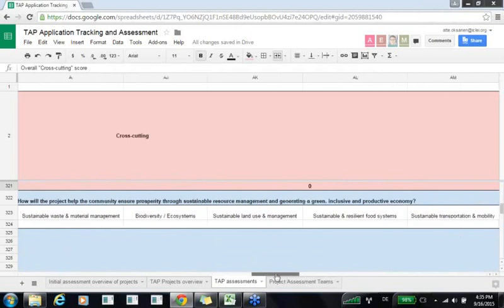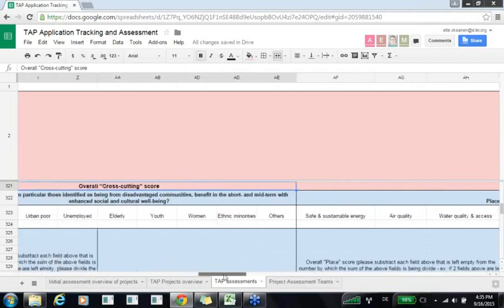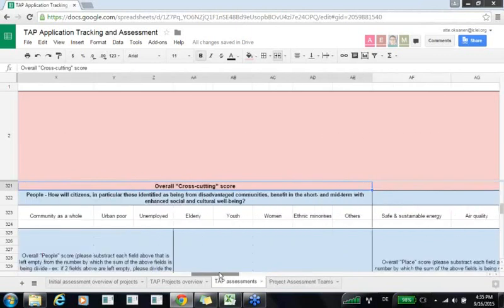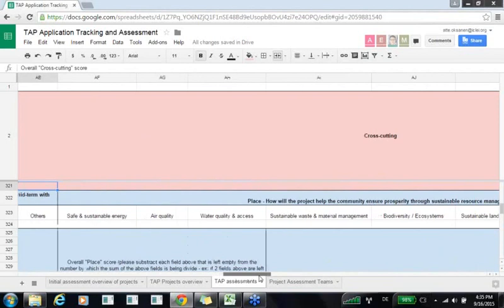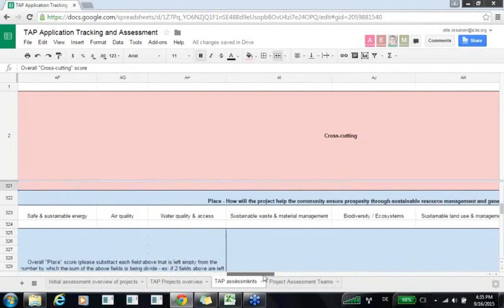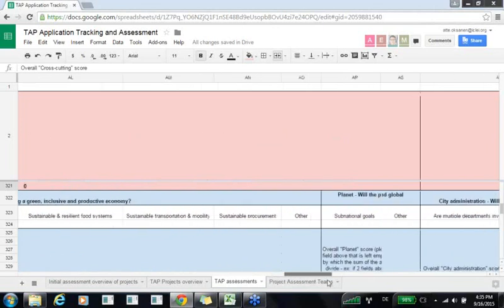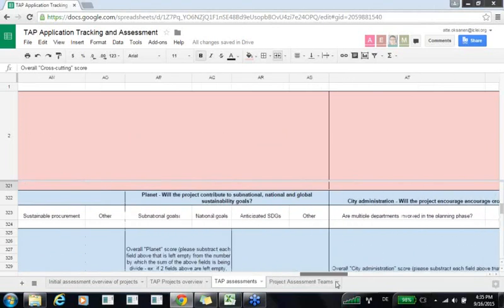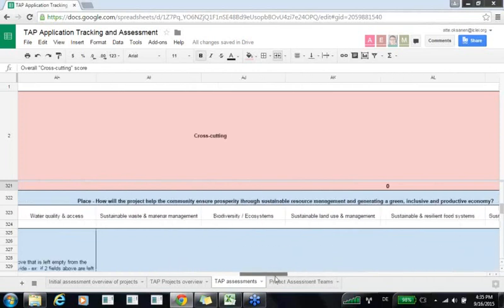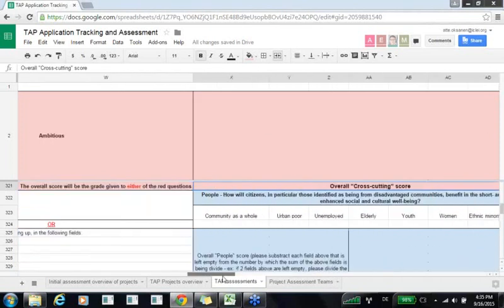So there are many subcategories here in this section of the assessment sheet. So in cross-cutting, we'll be looking at how different communities will benefit, how different types of resources will benefit in terms of their management, and how the project contributes to subnational, national, and global sustainability goals.